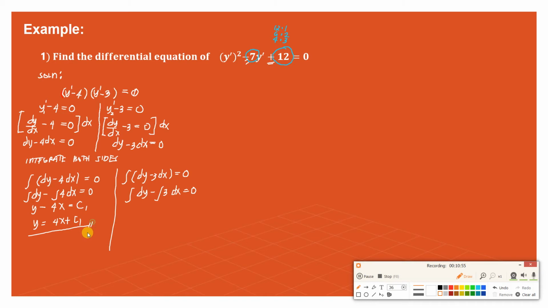So, that's the first part of the differential equation. The second part naman, we have y minus 3x is equals to c sub 2. Or, y is equals to 3x plus c sub 2. So, that's the second part of the equation. So, yan yung hinahanap ngayon nating differential equations in topic number 5.